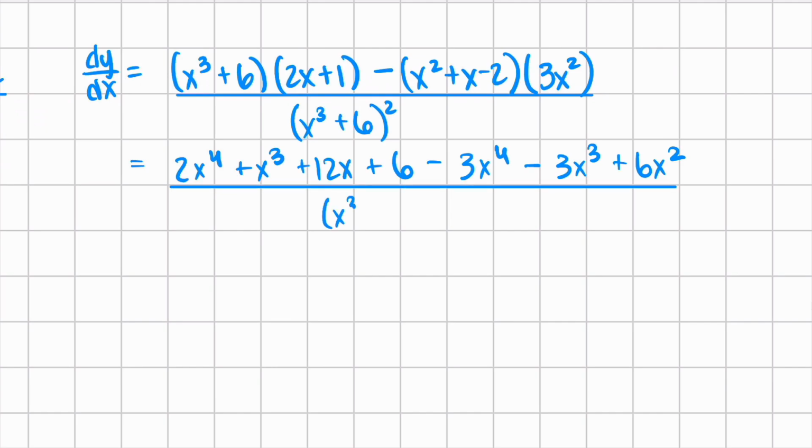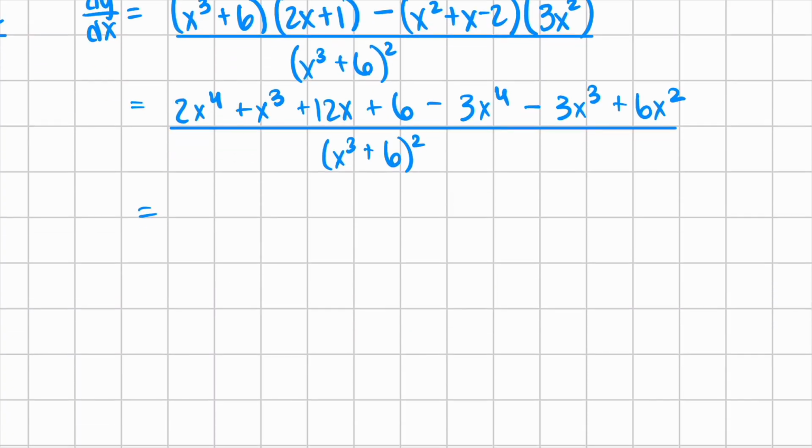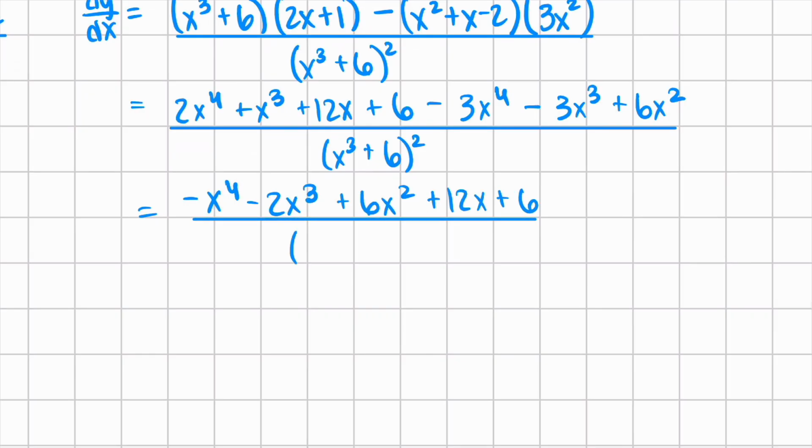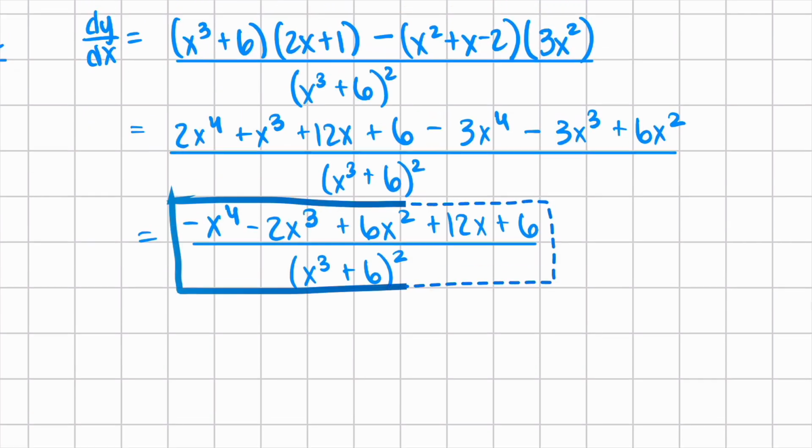I'm just going to leave it. Combine like terms in our numerator. Negative x to the 4th minus 2x cubed plus 6x squared plus 12x plus 6 over that denominator. And there is our derivative. First derivative using the quotient rule.